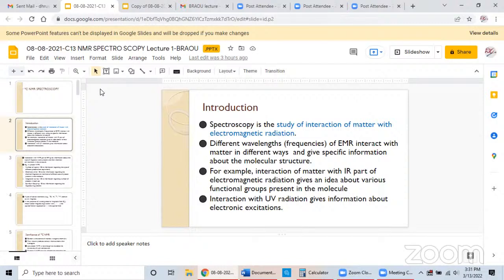Natural products are complex molecules, and from the chemical shifts, integration curves, and spin coupling patterns in proton NMR, you may not be able to arrive at the full structural information.